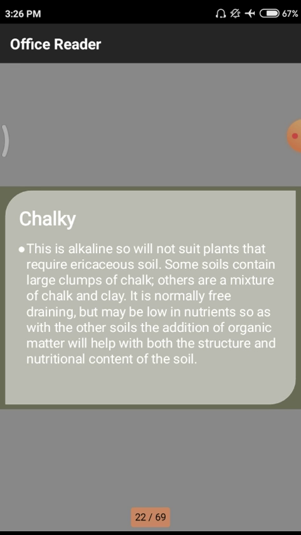First of all, it is alkaline. Alkaline soil will not suit plants in those particular soils. In a few conditions the plants will not grow easily because of this chemical nature.